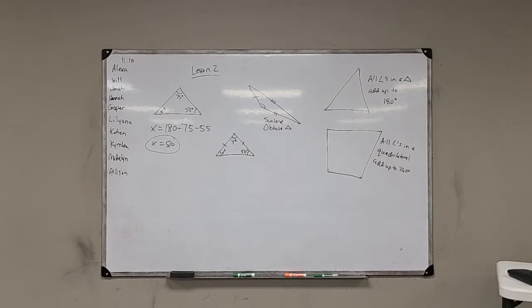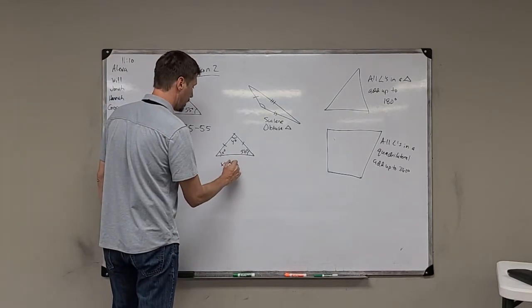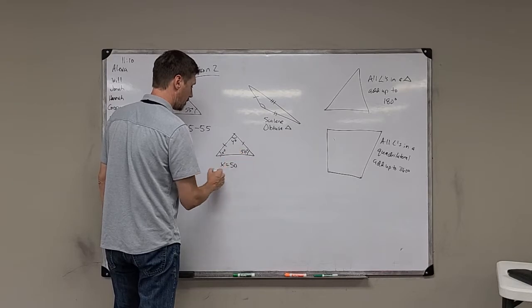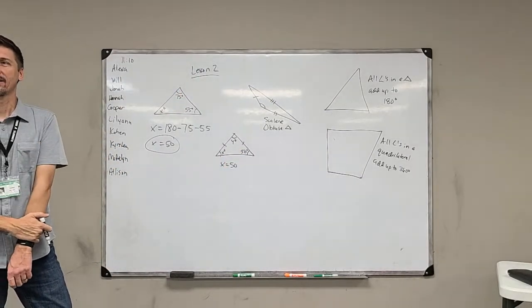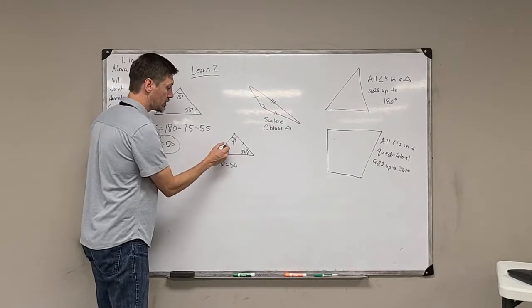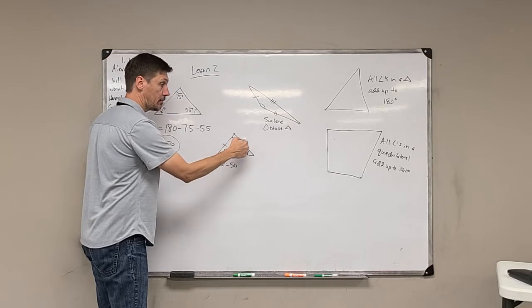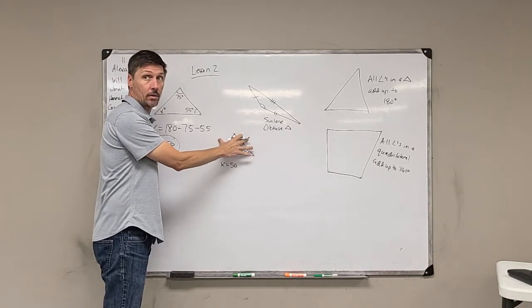How would I figure that one out? X would be 50 because they all have the same angles. Would that be right? X is equal to 50, that's right. How do you know that x has to be the same as that one? Because the lines are kind of showing how they're all the same length. Yeah, because this line here is the same length as this line. What kind of triangle is this, because only two lines are the same?